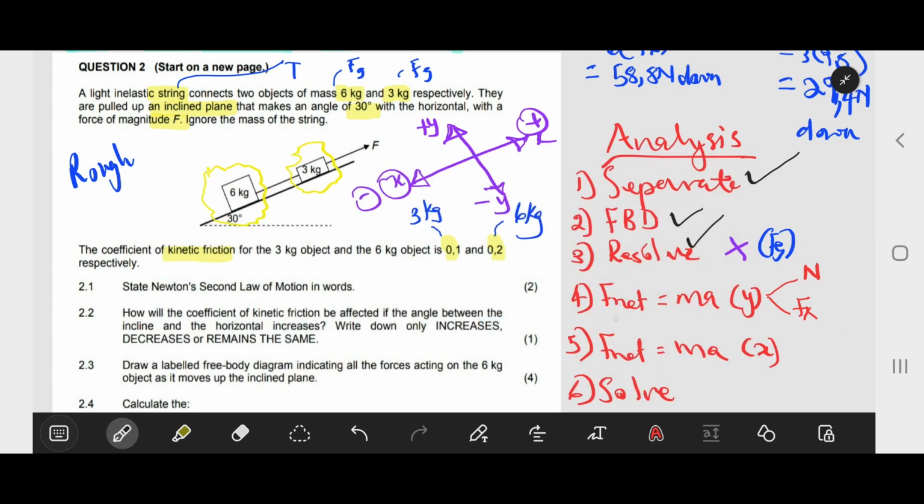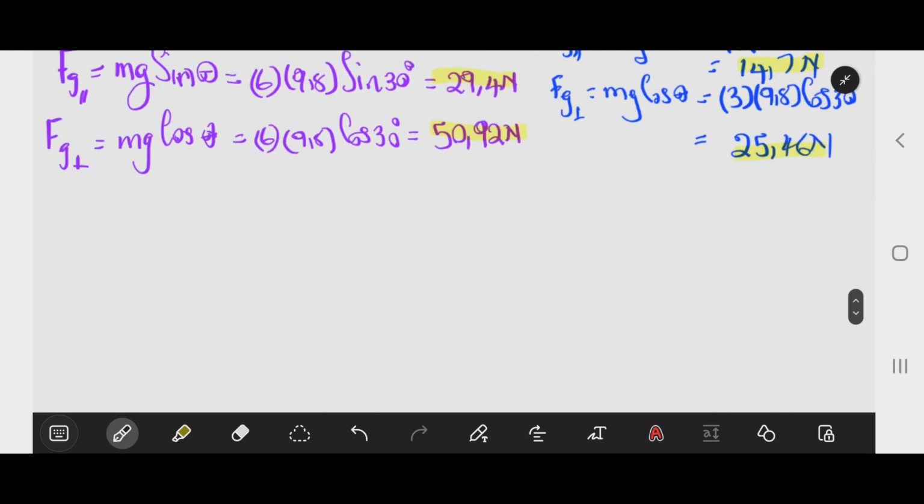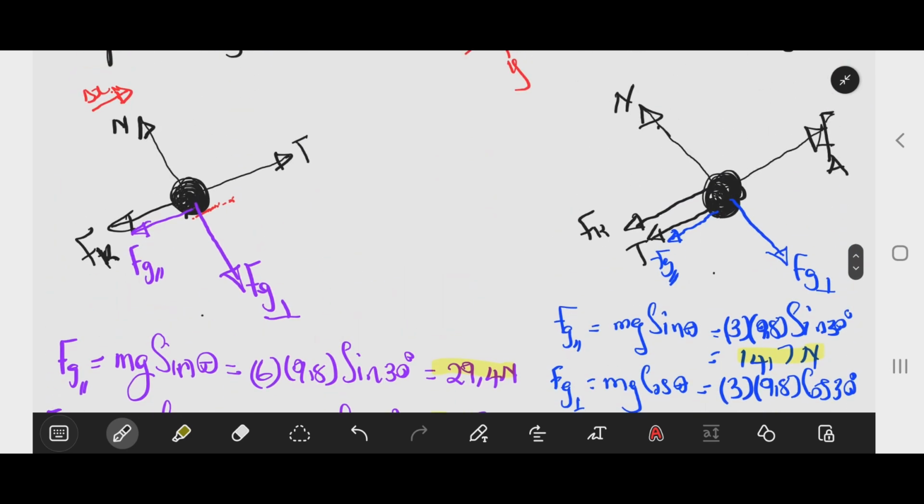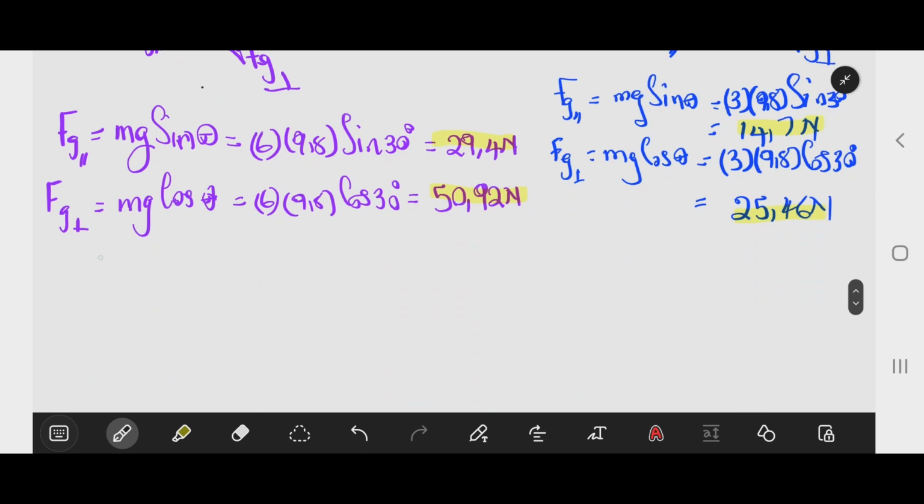Step number 4, we apply the net force in the y direction. And remember, the net force in the y direction is for us to obtain the normal force, and also obtain the kinetic friction. So let's apply F net in the y direction for the 6 kg.